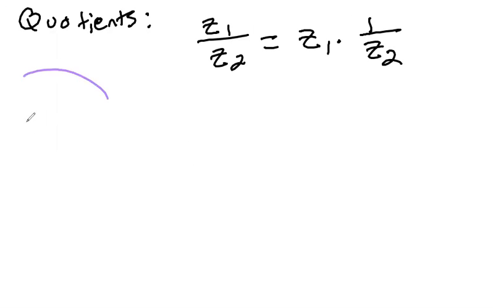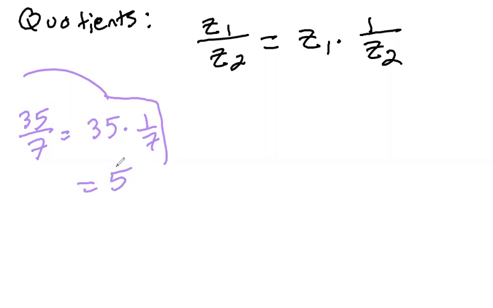So how do you do 35 divided by 7? In some philosophical sense, you're not really dividing by 7. You're finding the multiplicative inverse of 7, which is 1/7, and then multiplying 35 by it. And so that's how we're going to define it.